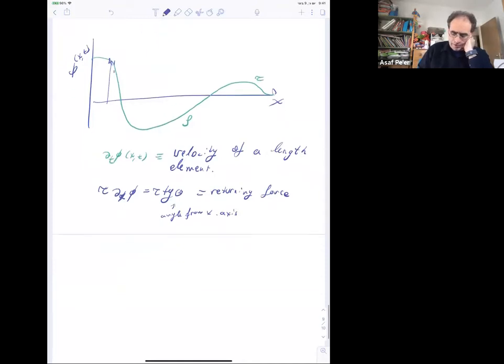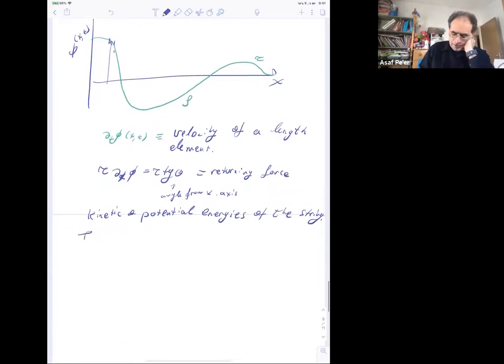So the kinetic energy of the string. What is the kinetic energy of the string? You have to think of a string as essentially an infinite set of particles.